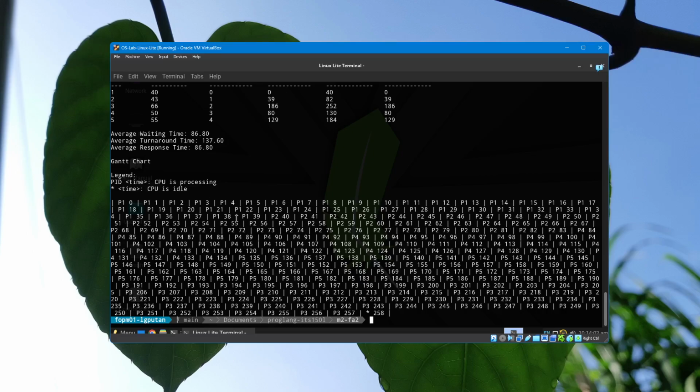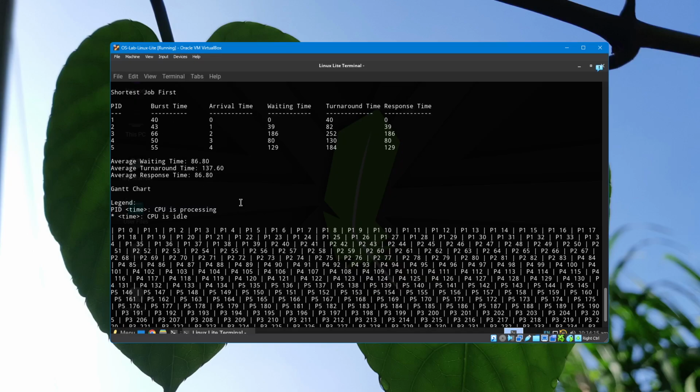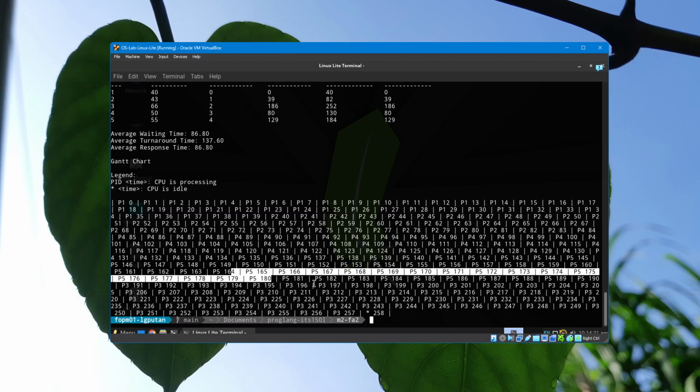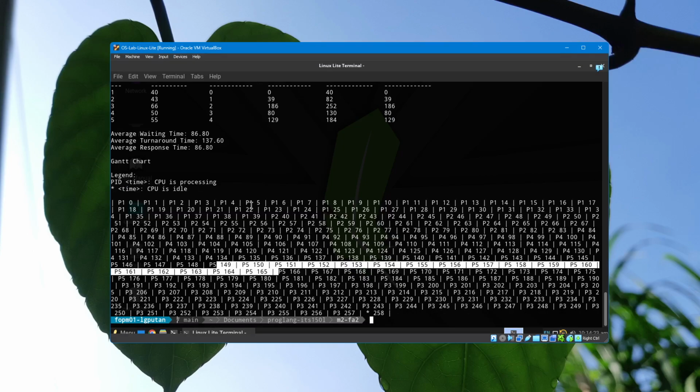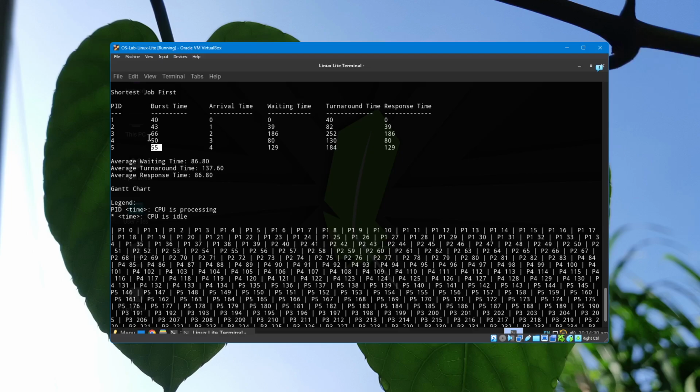and then P2 since it arrives second, and then we can see here that P4 would be third because it would have the shortest burst time as well after P1, P2, and then P5 would also go after that because it would also have a shorter burst time than P4, right?